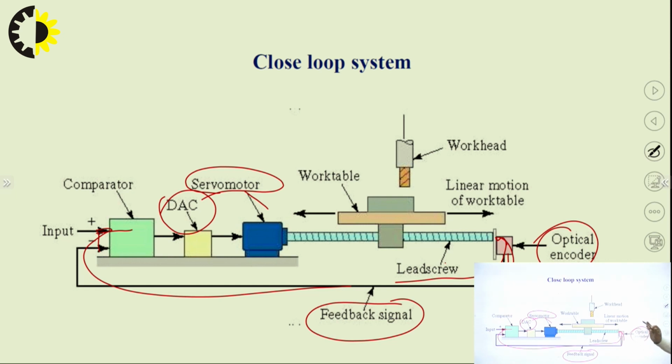So the main difference between open loop and closed loop is that in the open loop system there is no feedback, and in the closed loop system there is a feedback system.